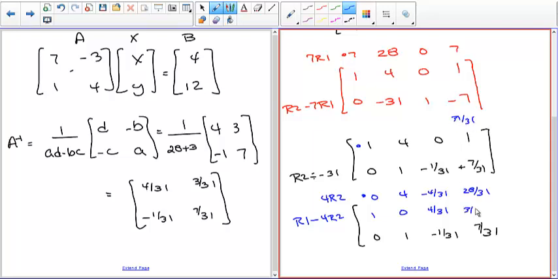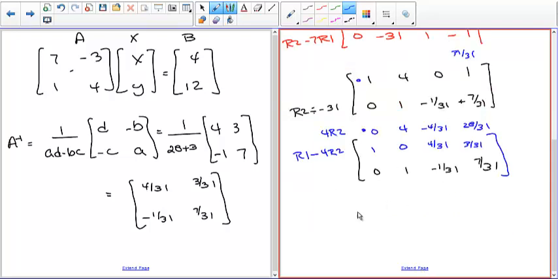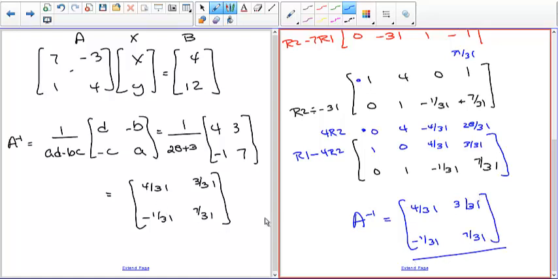So we get 3 over 31. And as a consequence, the inverse matrix is 4 over 31, 3 over 31, negative 1 over 31, 7 over 31. And you're done, and you got the same answer. Okay, so that's the inverse.